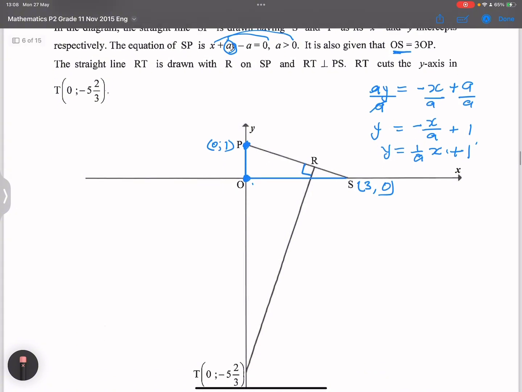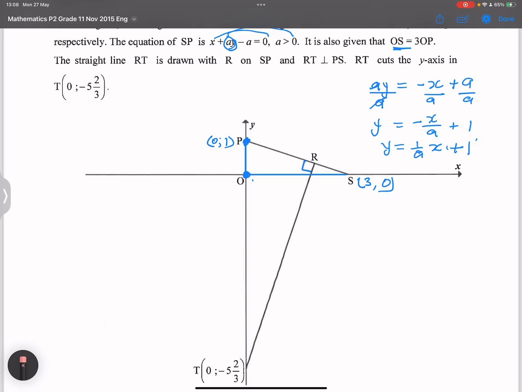Okay, so for that question, we know one point, and y is equal to, now this is supposed to be negative, negative 1 over a x plus 1. So we're going to substitute the point (3, 0) into it. We know that when y is 0, x would be equal to 3. So that's 0 = -1/a times 3 plus 1. Let's try and do our gymnastics as much as possible.